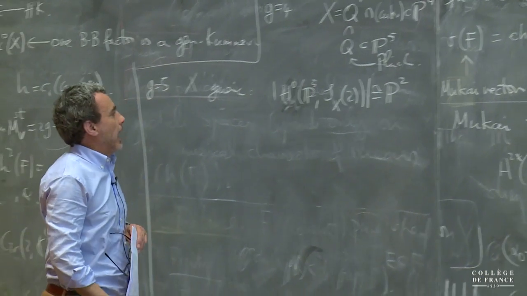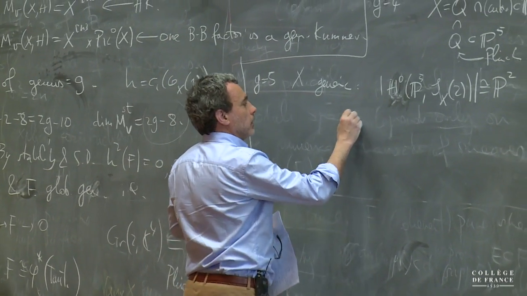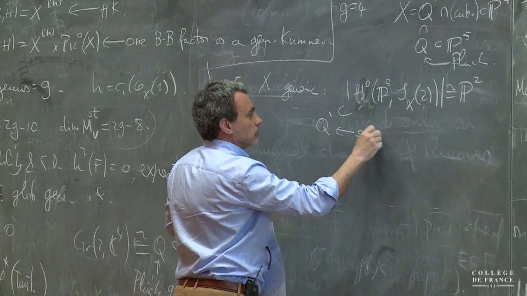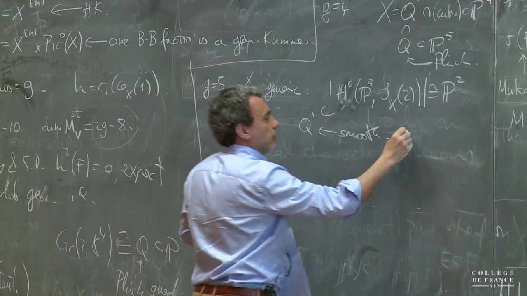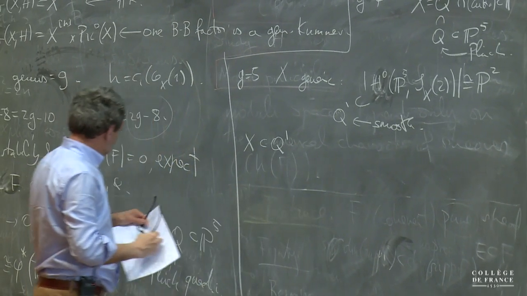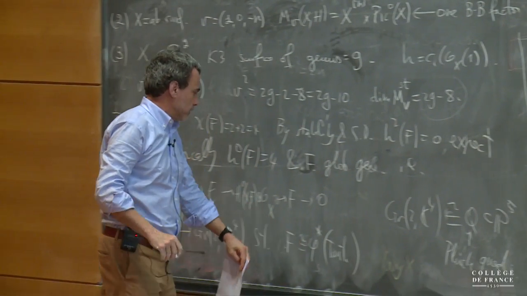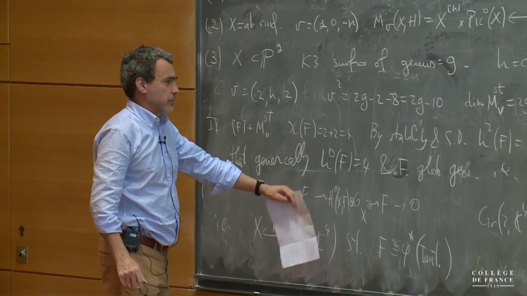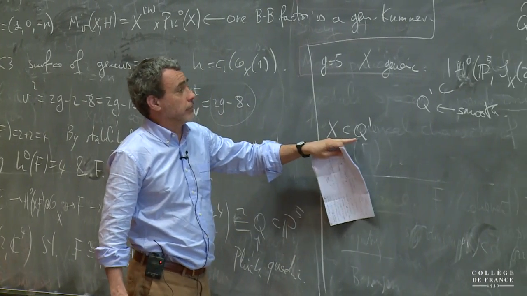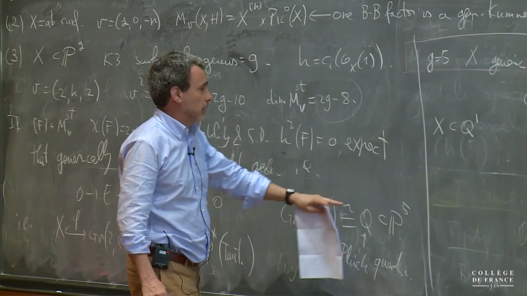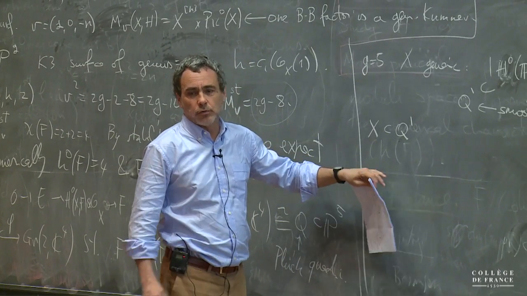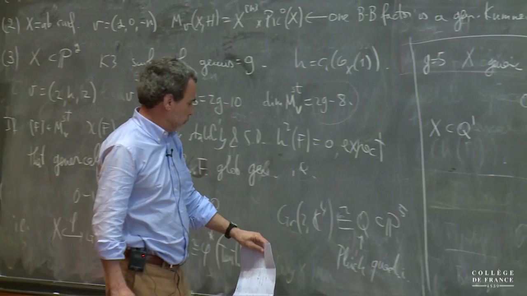And if we have Q prime in here smooth, well, then X is in Q prime. So we can pull back the tautological bundle, only that we have essentially 2 different identifications of Q prime with the Plucker quadric. It depends which ruling goes to which ruling here, since the quadric has 2 rulings.